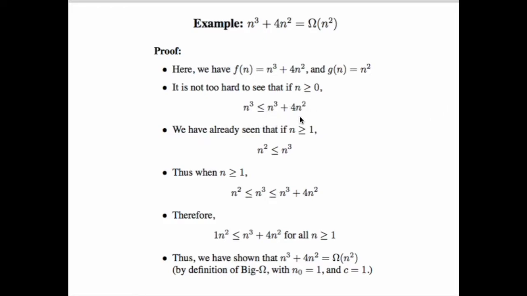So, pag nagdagdag tayo ng 4n squared sa n cubed, plus 4n squared is always greater than this number. So for n greater than or equal to 1, yung higher order polynomial n cubed is greater than or equal to n squared. Okay, so for n greater than or equal to 1, we can establish this.